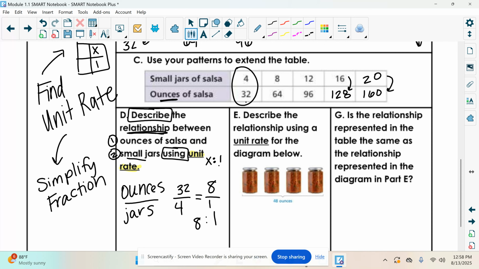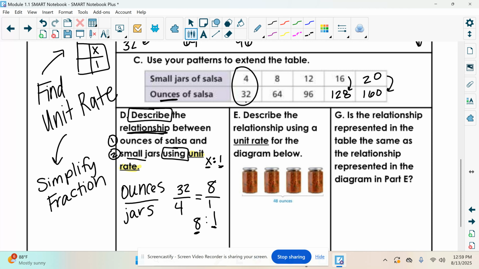Isn't that the same form that when we took our notes about unit rate it was supposed to look like? Some number in the first one and then a 1 in the second one? Isn't that what's here? Yes. So we did it correctly.